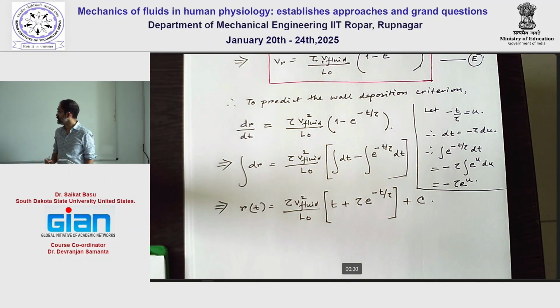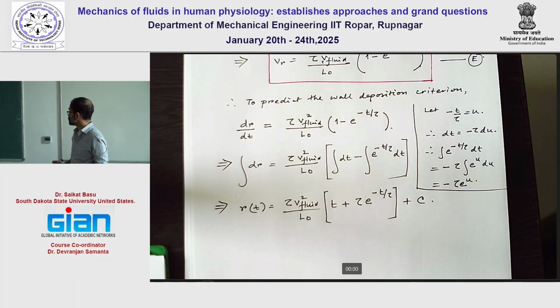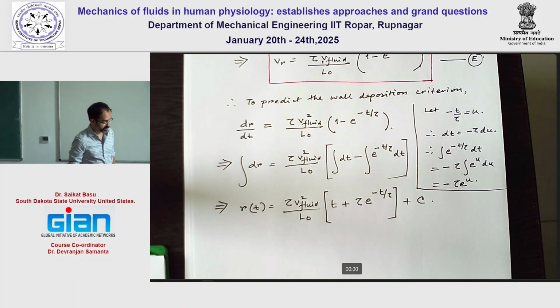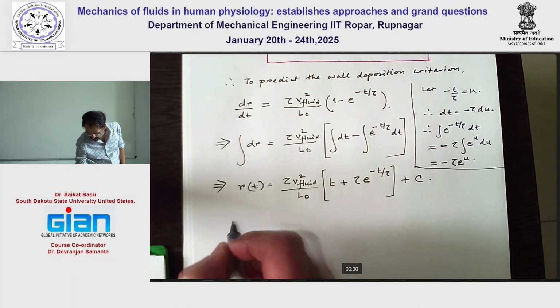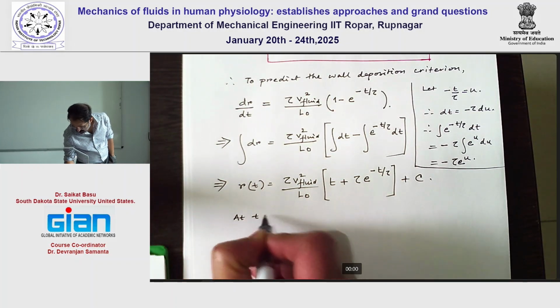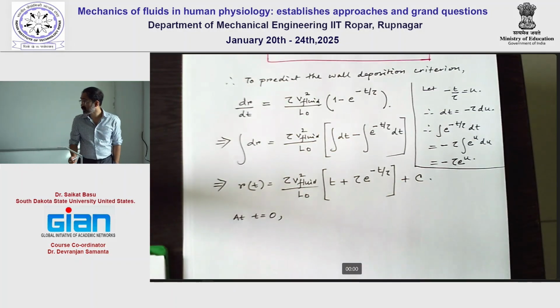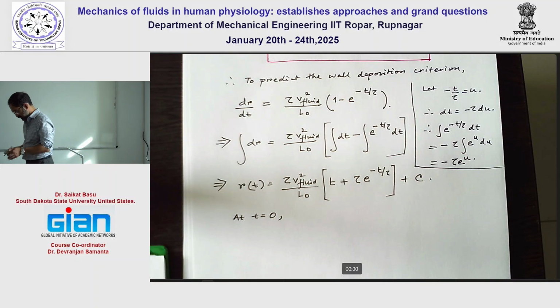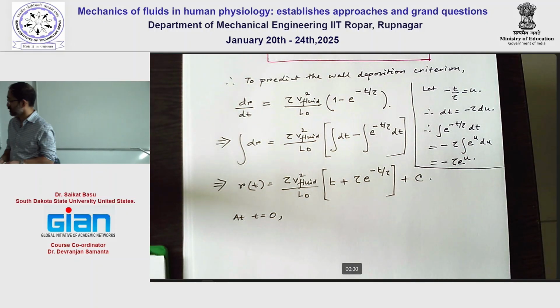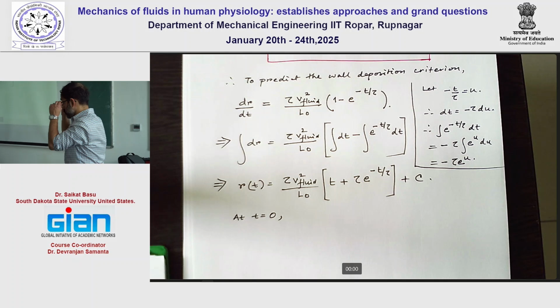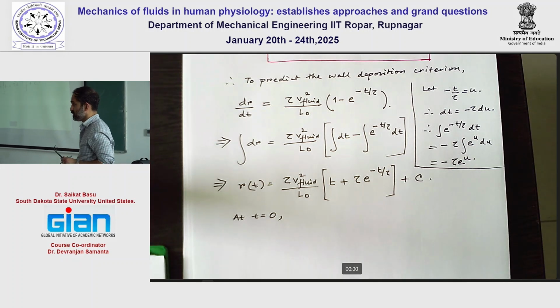Okay, now again we need to evaluate this constant of integration. So at t equal to 0, we have to figure out some initial condition that can be used here. Like before we were trying to find the initial conditions that relate to the velocities. Now we have to think about the initial conditions that relate to the spatial position.